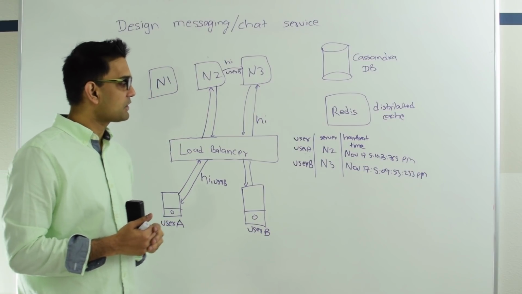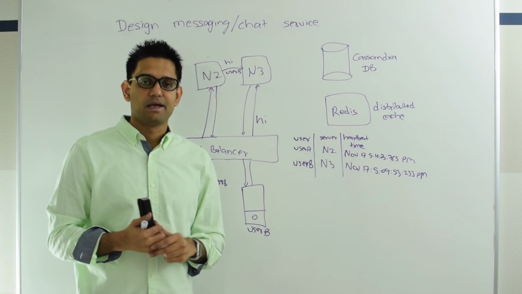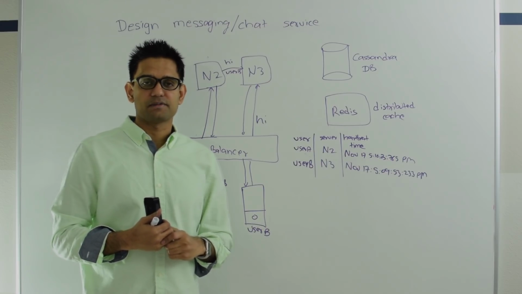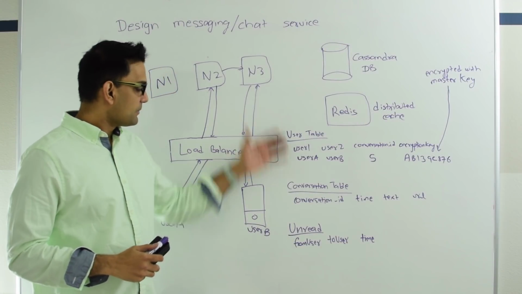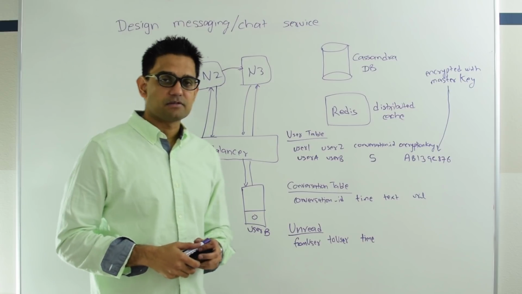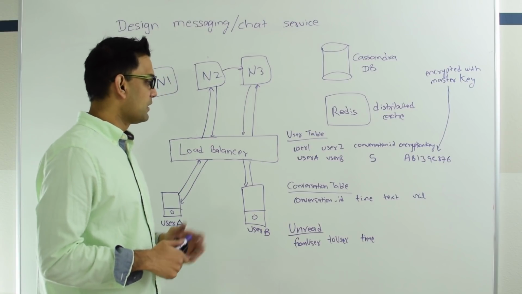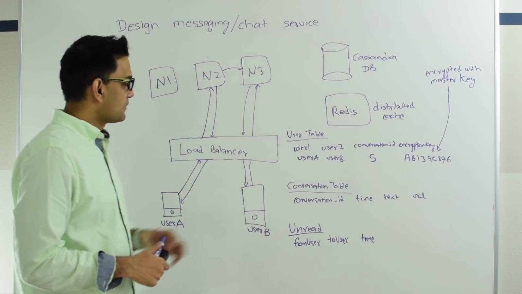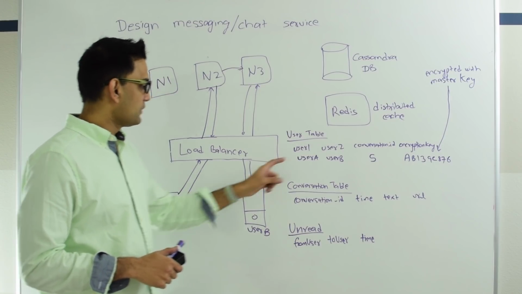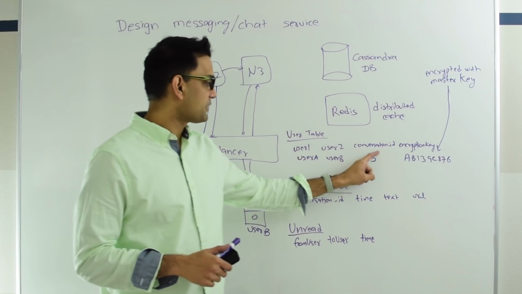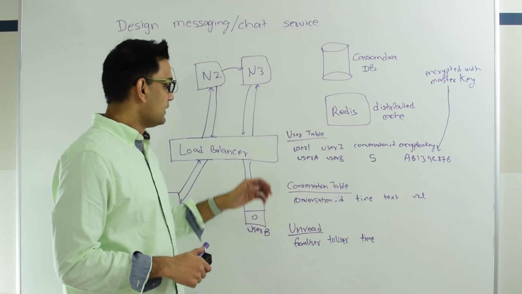Next, let's talk about what our database schema will look like and how we are going to handle some of the security. These are the three bare minimum database tables which we will require to run this chat service. So first, let's look at the user table. There is user 1, user 2, conversation ID, and encryption key.